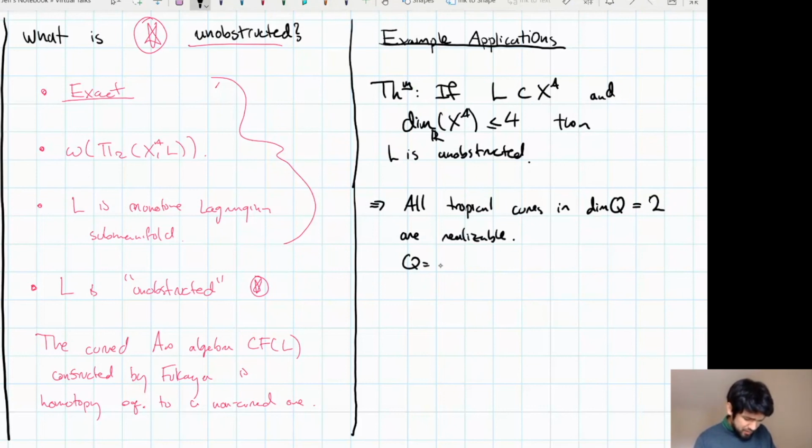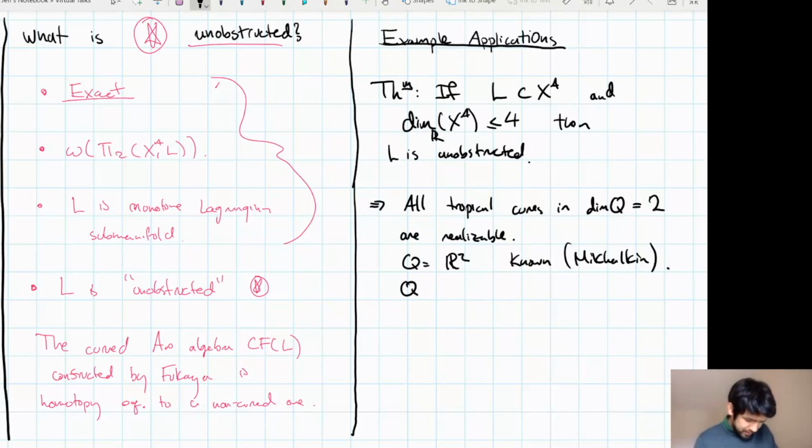In the case where Q is equal to R2, this is known. This was, I think, one of the starting points of the study of realizability and tropicalization in Mikhalkin's original work.